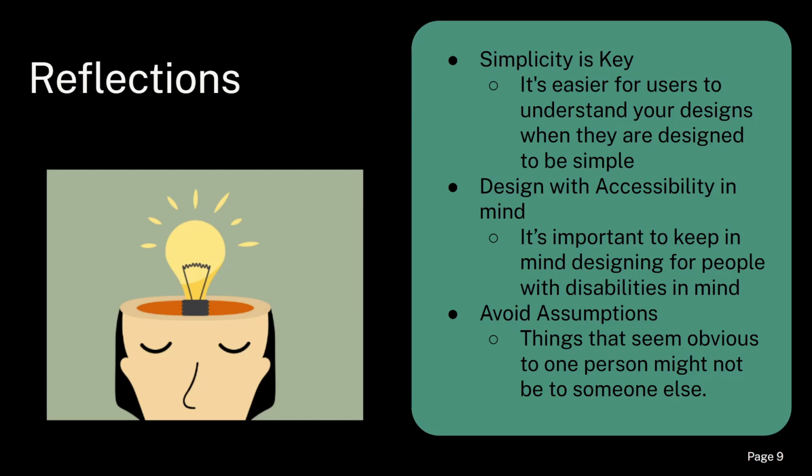I also found that it was easier to design with accessibility in mind. It's easier to design something for a differently abled party from the start than to have to go back through later and modify your final design to better help those people.